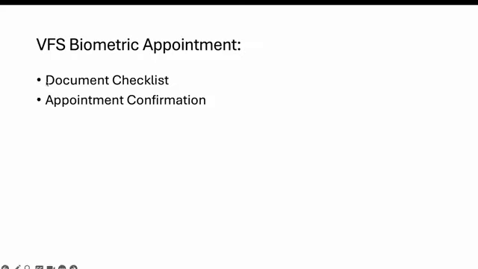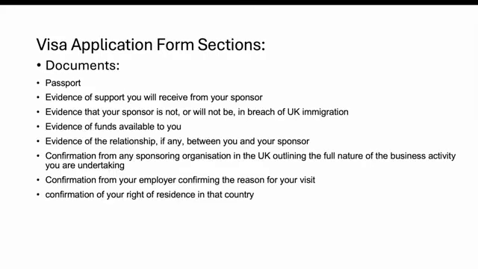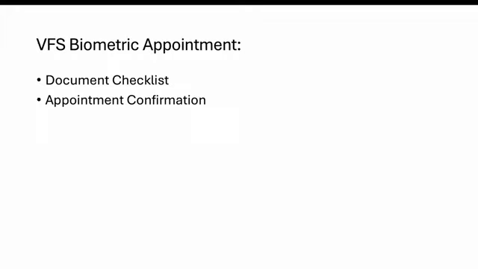Print them out: your document checklist, the checklist that I've just showed you, and also the appointment confirmation. After you've confirmed your appointment, you will receive an email. You need to print that confirmation. So these two items are what you have to take with you for the biometric appointment.